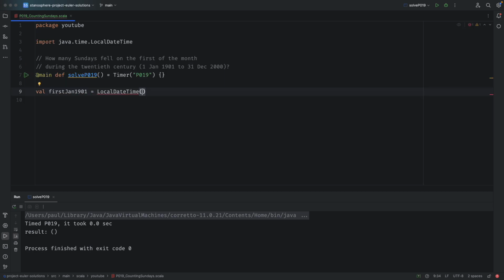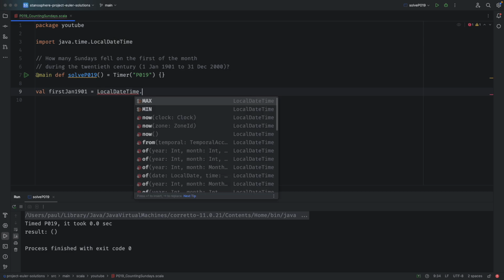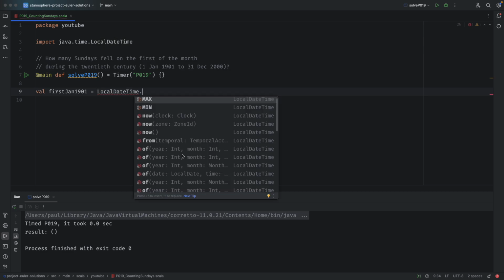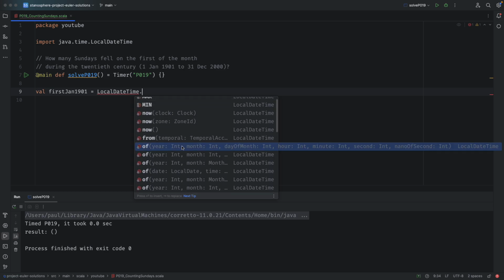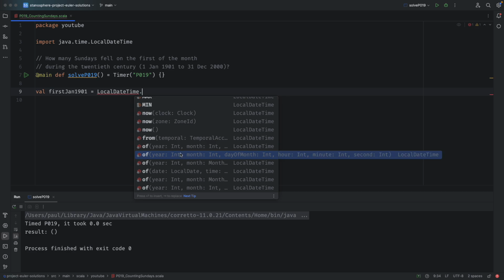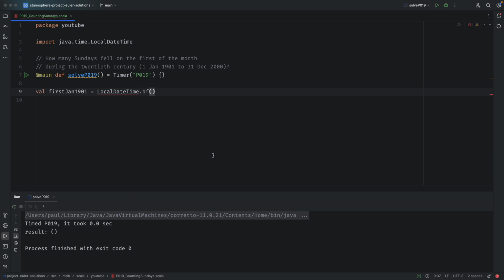Yep, cool. And then dot. Okay, so a lot of constructors, but one of these is going to be the right one, isn't it? So year, month, day of month, and then the rest of it, who cares, right?